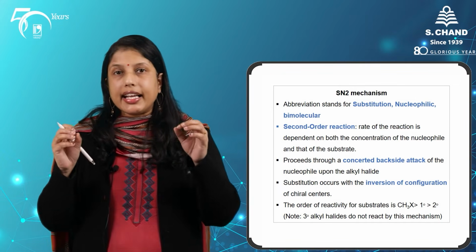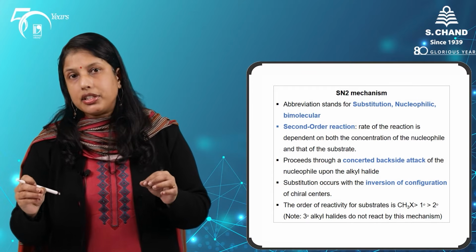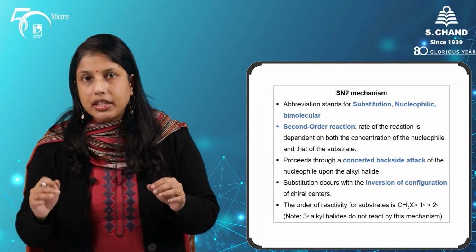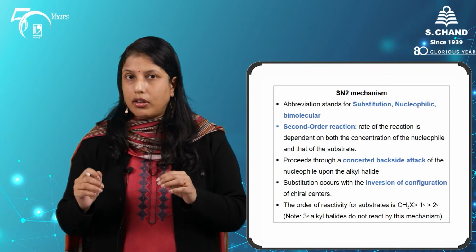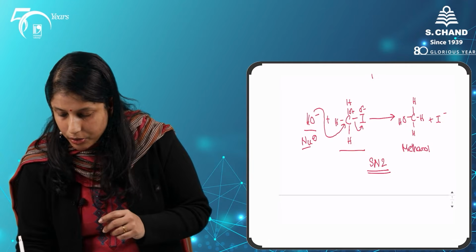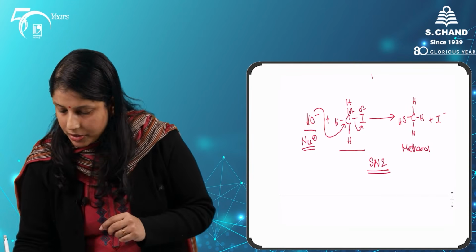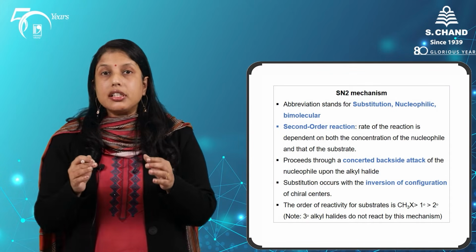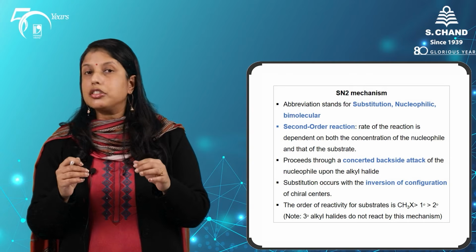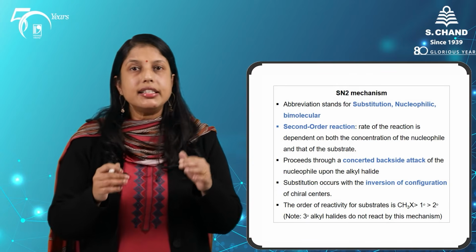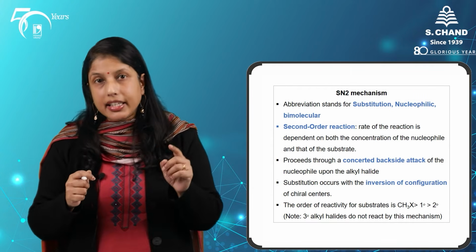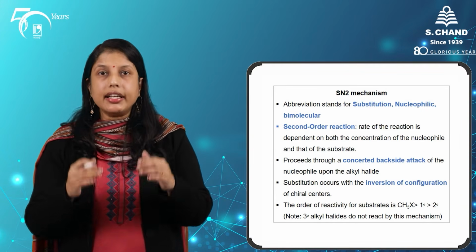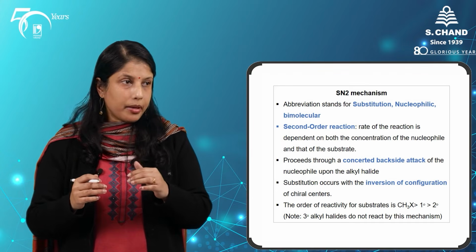Bimolecular means that in the rate equation of the rate determining step, the rate of the reaction is dependent both on the concentration of our nucleophile and our substrate, the alkyl halide. These types of reactions are also concerted reactions. What does that mean? It means that it takes place in a single step where bond breaking and bond making take place at the same time.